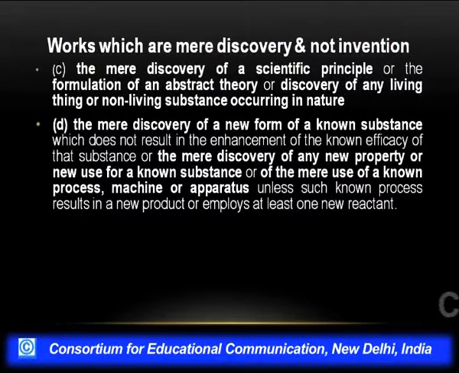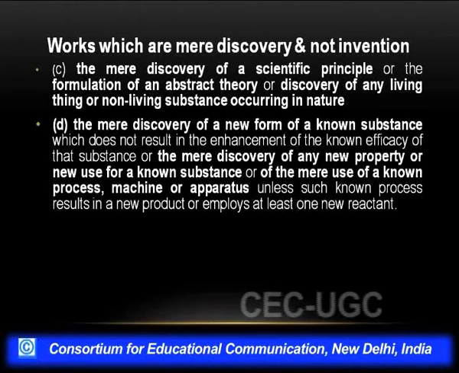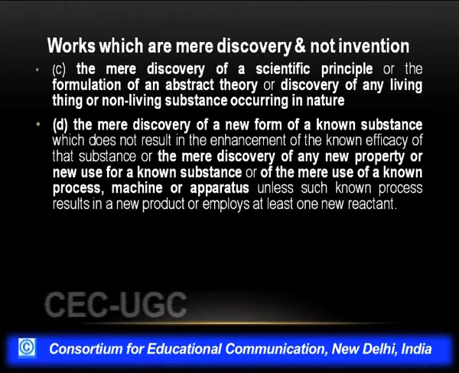Another thing that has been excluded by the purview of section 3D is mere discovery of any new property. If you have a look at this clause, in the later part of this clause, it excludes mere discovery of a new property or new use for a known substance. That is also excluded. Another part, later part of this same clause reads, mere use of a known process, machine or apparatus, unless such known process results in a new product or employs at least one new reactant.